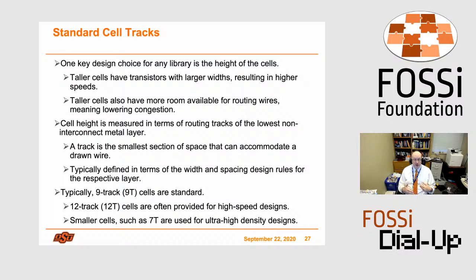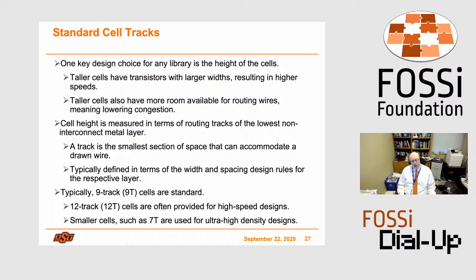If you have smaller cells, it'll be tightly compact, but you might not have enough room to route everything. So the taller cells that we originally designed with the 18 tracks allow us a lot of room for routing wires, and it lowers the congestion that we have. The cell height is measured in terms of the number of routing tracks of the lowest non-interconnect metal layer that we have. And we'll talk about that as we go.